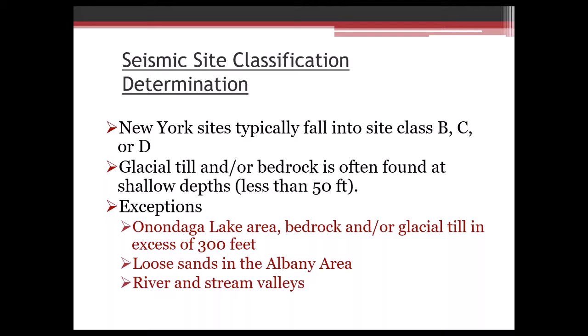We have some very loose sands in the Albany area. Some of the river and stream valleys too tend to be areas where we have poorer soil conditions. A lot of that's based on the geology of the state, in which we had a large glaciation, actually 2 of them, and they carved out a lot of the stream beds, and since the glaciers receded, they have filled in over the years with looser sands and or silts and clays.